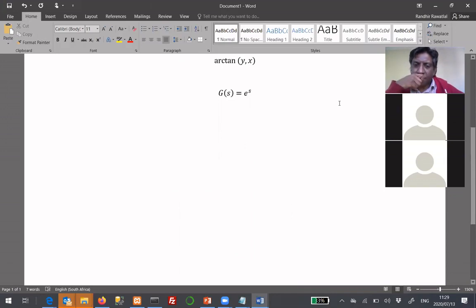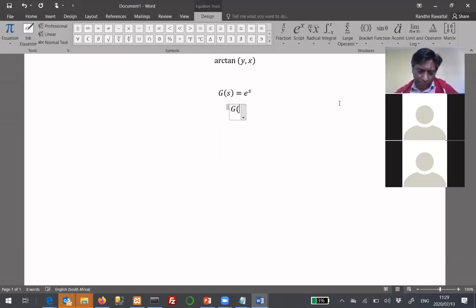Then we can break that down into real and imaginary parts if we apply s equals I omega. So that's e to the I omega. And I hope you are all saying, yeah, the Euler formula applies then.